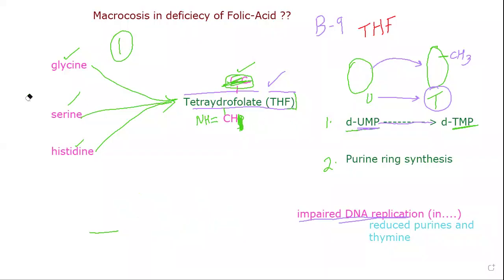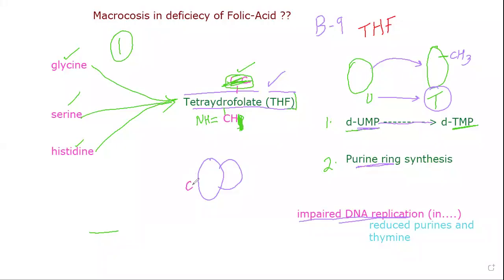Next point, purine availability will also fall down in THF deficiency. Why? Purine, it's a 9-membered ring, contains 2 ring structures. Now an important point. This ring structure is built up by assembling of one carbon after another. It has got so many carbon atoms. So these carbon atoms are assembled in a stepwise fashion.